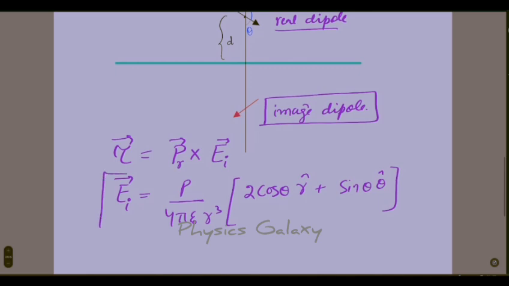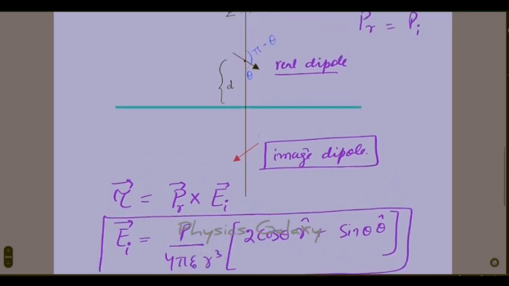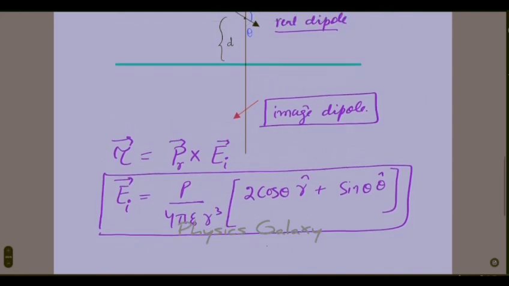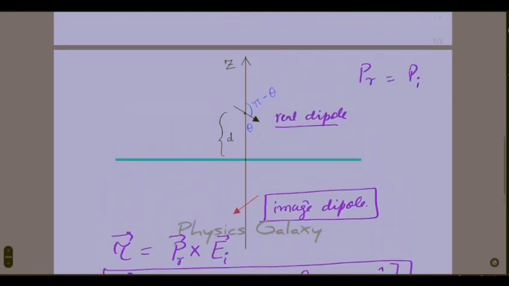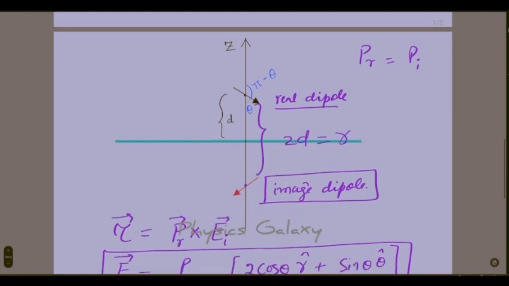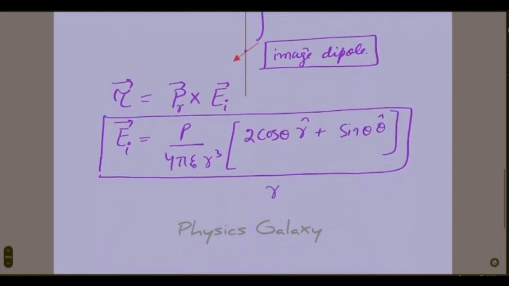This will be the electric field due to the image dipole in the vicinity of the real dipole. And what is r? r is the distance from the image dipole to the real dipole, which is 2d. So r equals 2 times d.